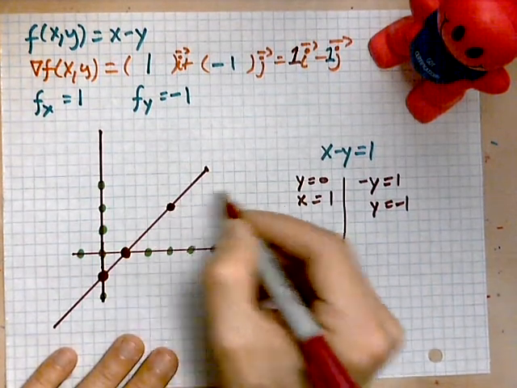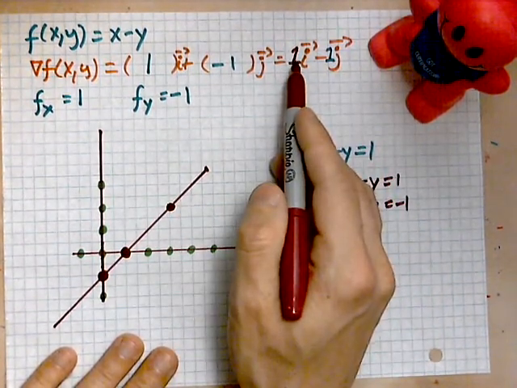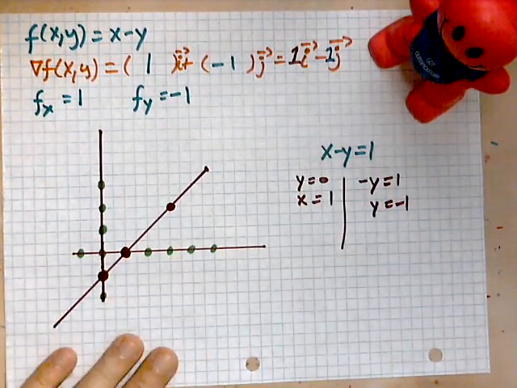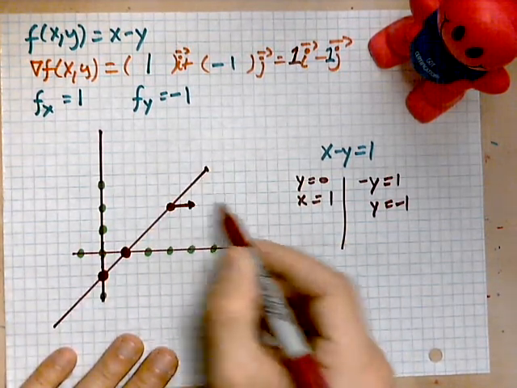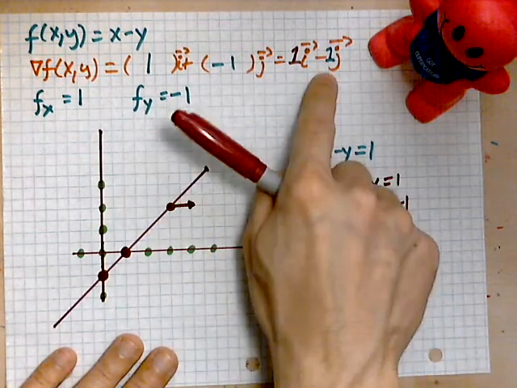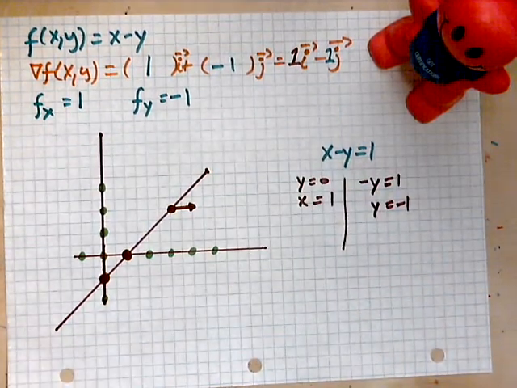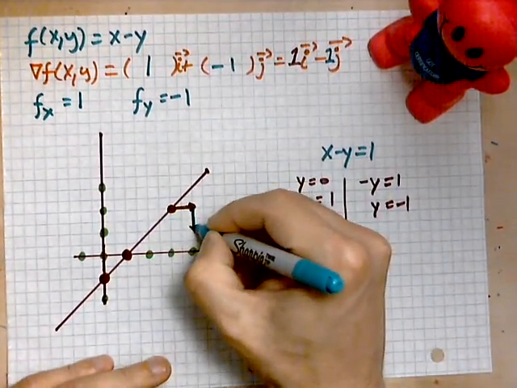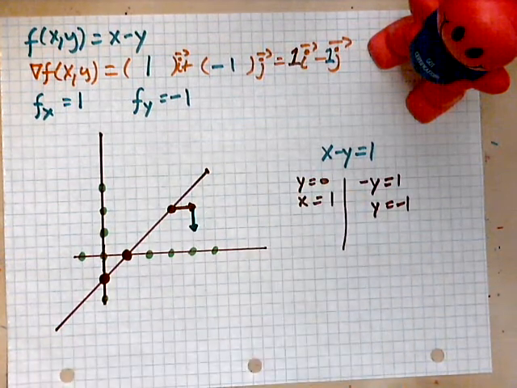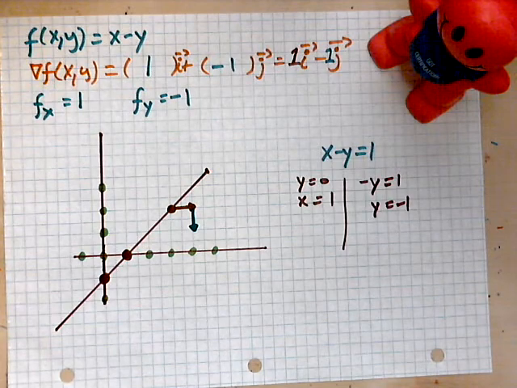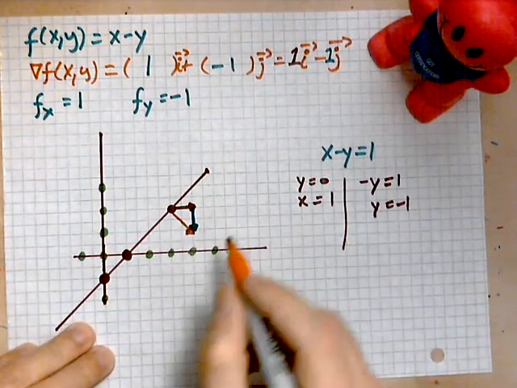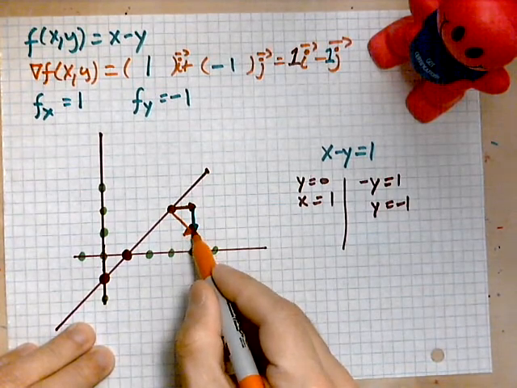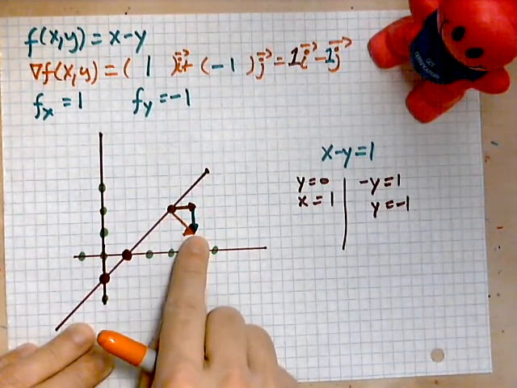Begin, for example, at this point here, draw 1 to the right. So in our case, 1 means 2 spaces. So 1 to the right means roughly this. This is the x component of the gradient. And then 1 down, that's the y component of the gradient, which means that the gradient itself at this point is this arrow right there. That's the gradient. And it's a vector, and it lies in the xy plane.